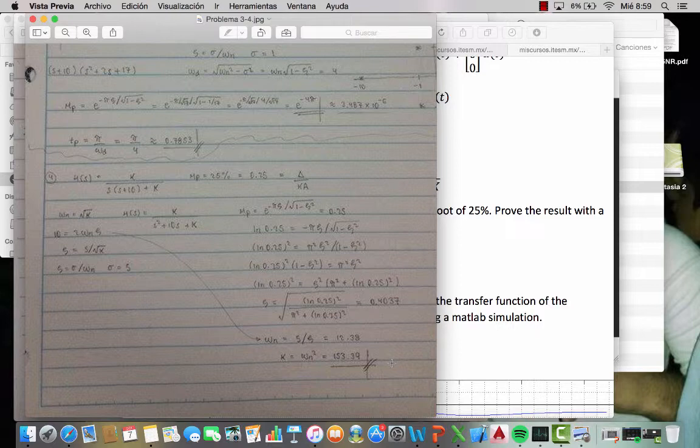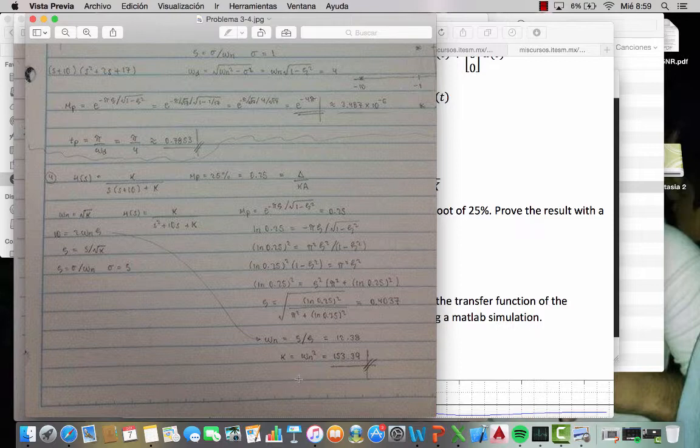After we got sigma, we calculate omega n using this formula. Omega n is equal to 5 divided by sigma, so the value for omega n is 12.38.